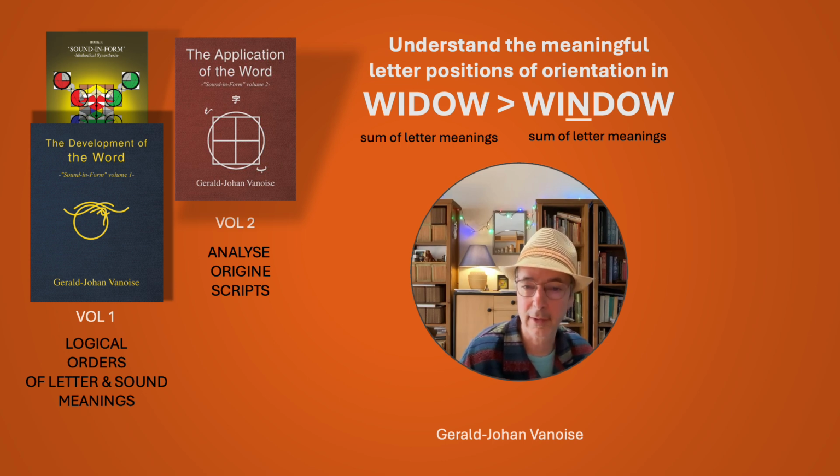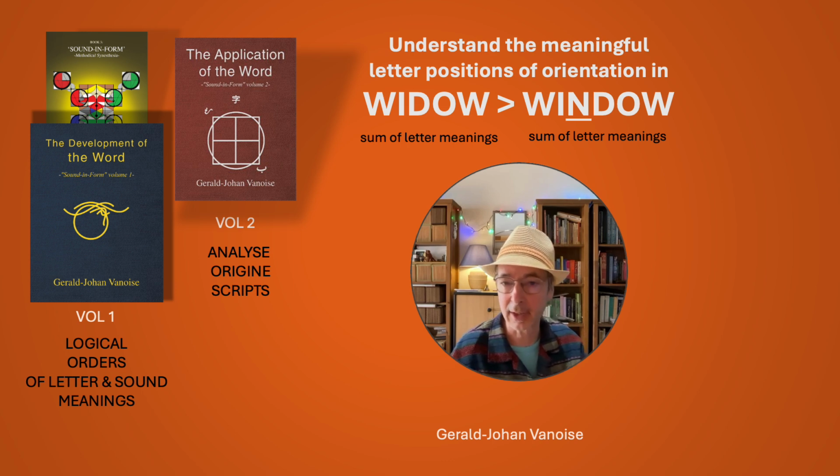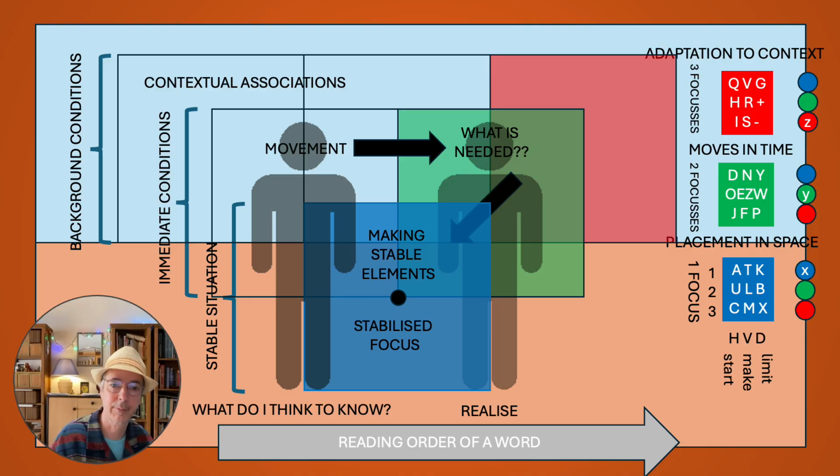It's just one letter difference, and has a completely different meaning. In the background, in the context of the letter positions, it is expressing a certain situation which is slightly different by just adding one letter. And how does that work? I will show you in a minute.